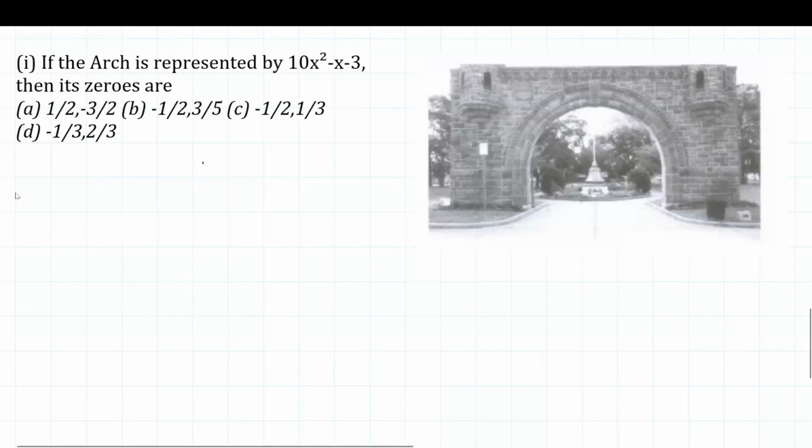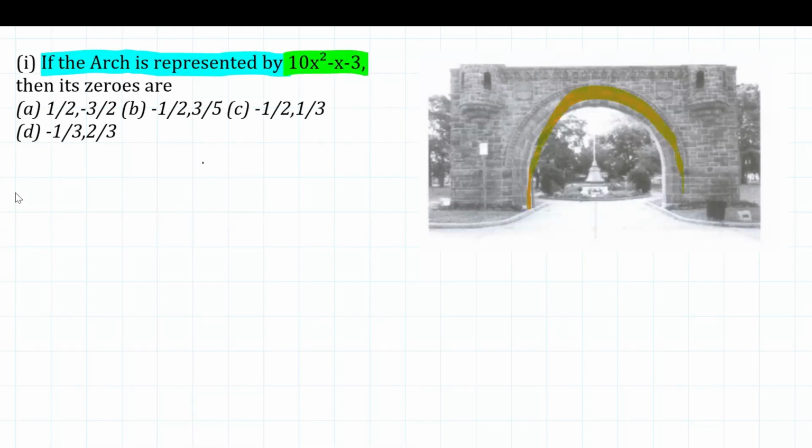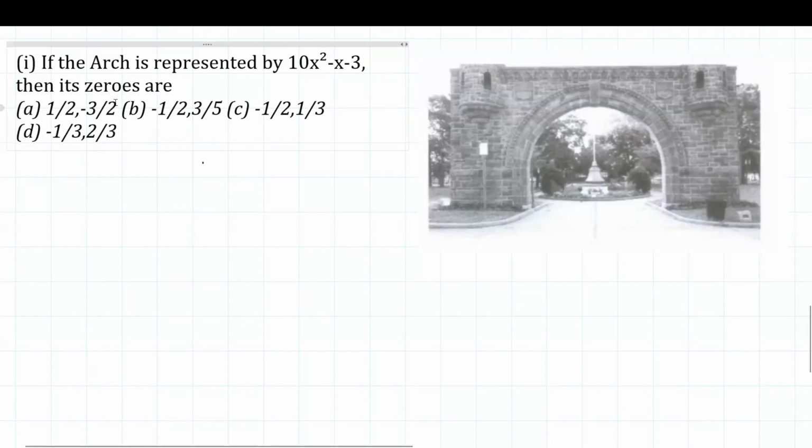In the first part, it says the arch is represented by this quadratic polynomial. Clearly this is the arch, and we have to find the zeros of this polynomial. So clearly we'll be using middle term factorization.